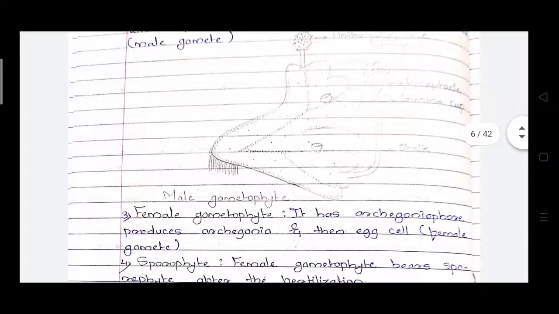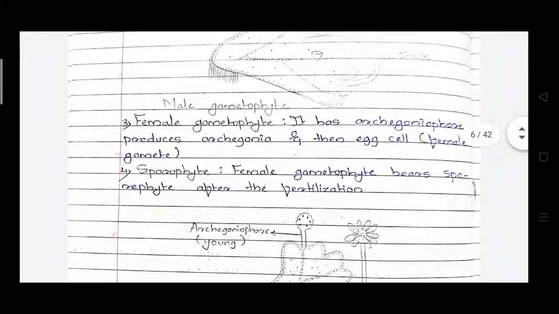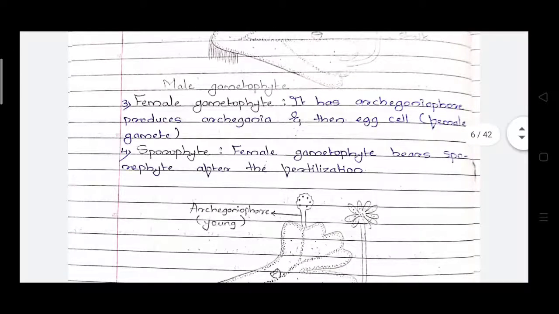The antheridiophore produces antheridia, and then spermatozoids or antherozoids. And the female gametophyte produces archegonia, which produce the egg cell. Then the sporophyte is produced. Female gametophytes bear the sporophyte after fertilization. After the development of male and female gametophytes, fertilization occurs, and after fertilization the sporophyte is developed on the female gametophyte.